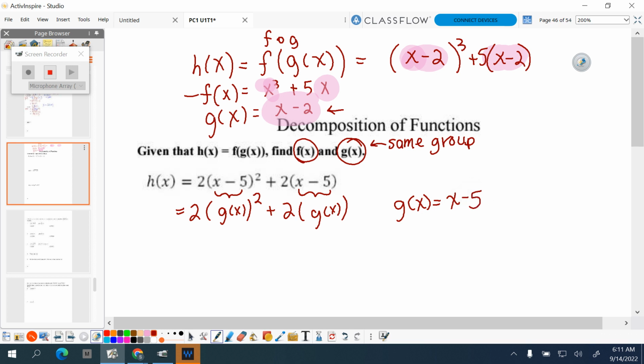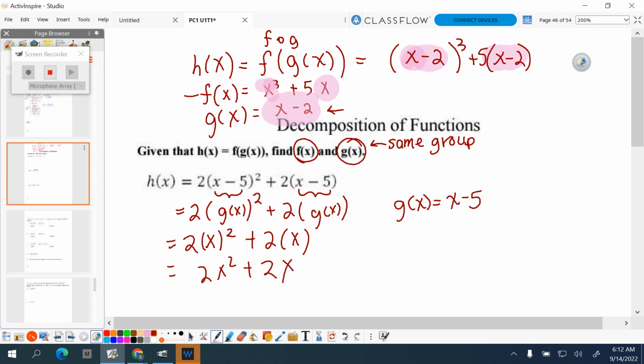Let's see if this works out. I looked for the same group, and now I have the same and the same, so I can pull out g of x and replace it with x. We're moving backwards this time. So we have 2x squared plus 2x.